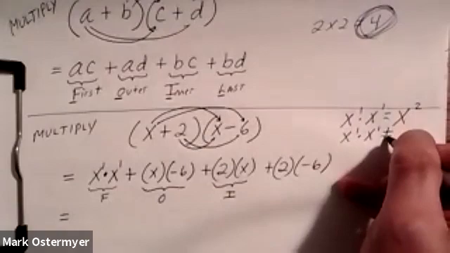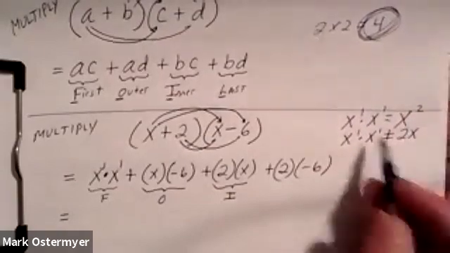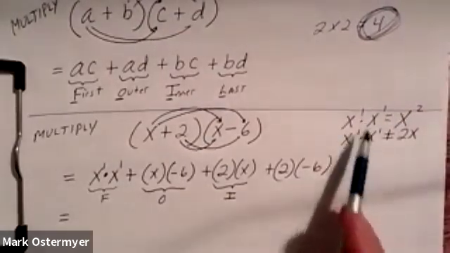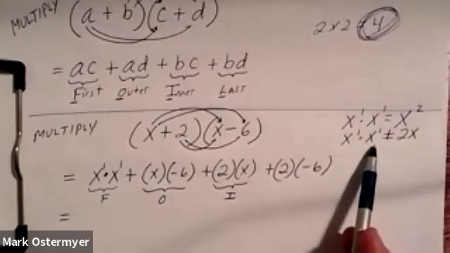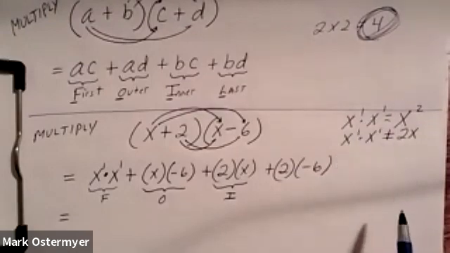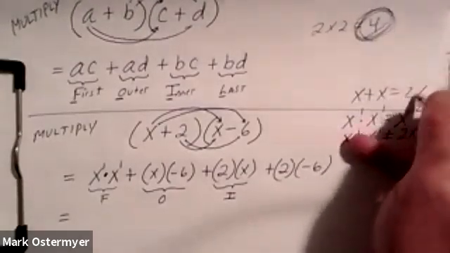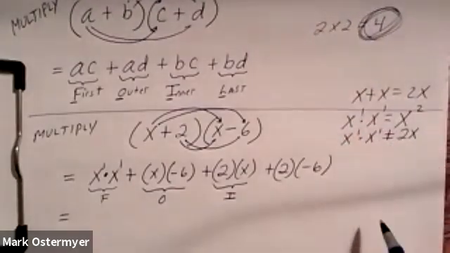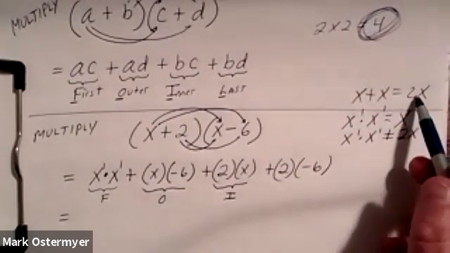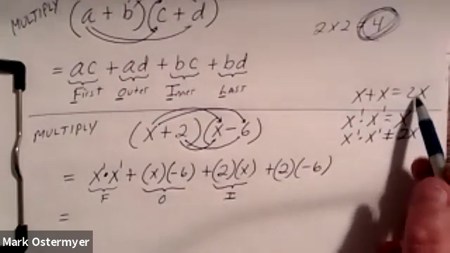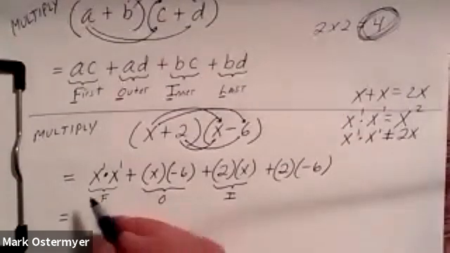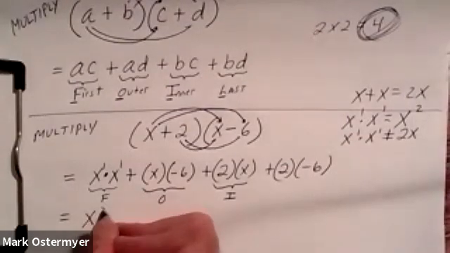This is x times x. It's equal to x squared. Again, don't cross the wires between combining like terms versus multiplying like bases. X plus x is 2x, not x times x, which is x squared. There's a night and day difference between 2x and x squared. They're not even close to being equal to each other. So x times x is x squared.